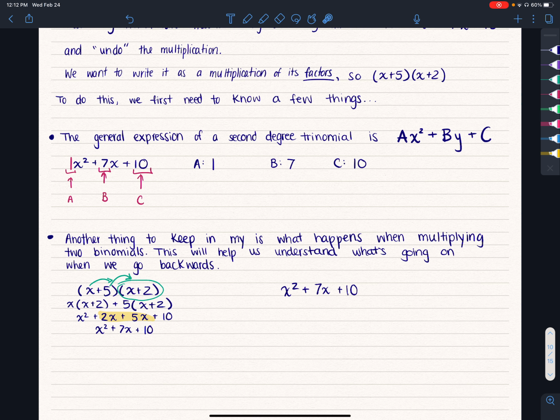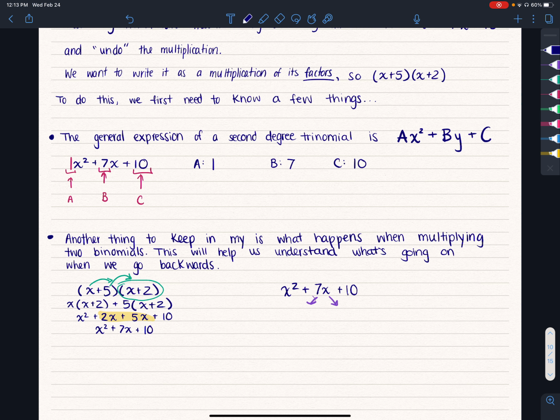Do I want to make it 1 and 6? Do I want to make it 2 and 5? Do I want to make it maybe negative 3 and 10? That will also give me 7x. So this piece needs to get broken up into 2 pieces. The method that we use to figure out what those 2 pieces are is called product and sum.